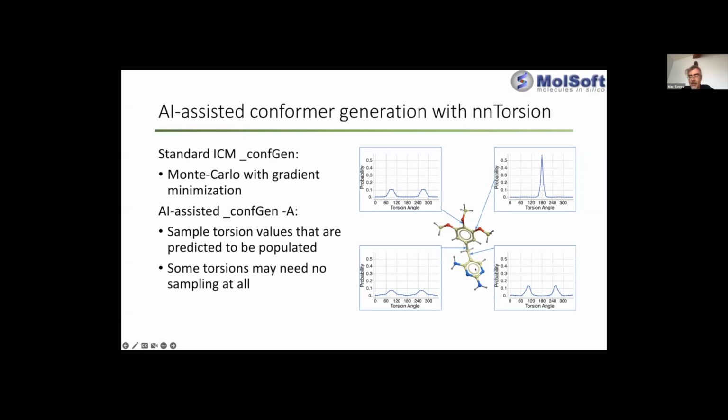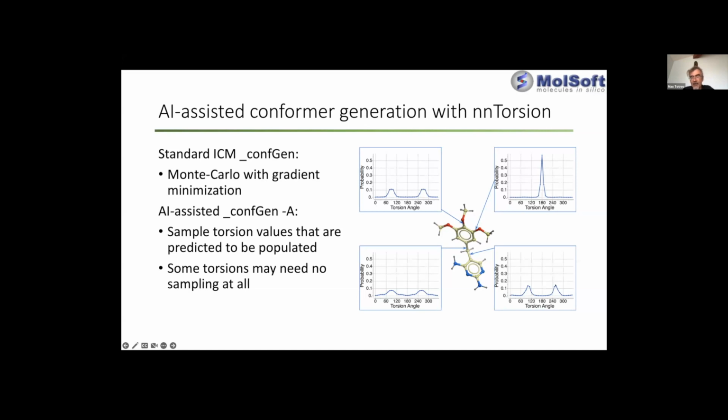How does it do it? Well, let's first just review this little case here. This is a molecule of trimethoprim, and if you predict all the profiles, you would see that, for example, for these two torsions, you only have one peak, so then basically you probably don't need to sample them, right? For this torsion, it predicts those 90-degree peaks, which are not what you would expect from just the type of the torsion, but of course they are correct because of the steric repulsions here.